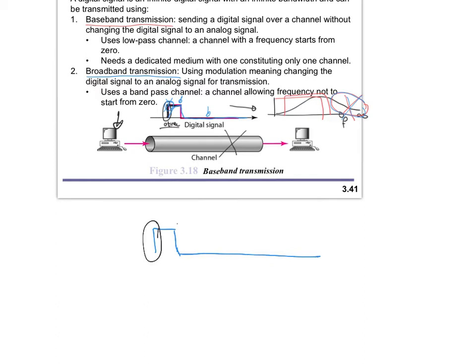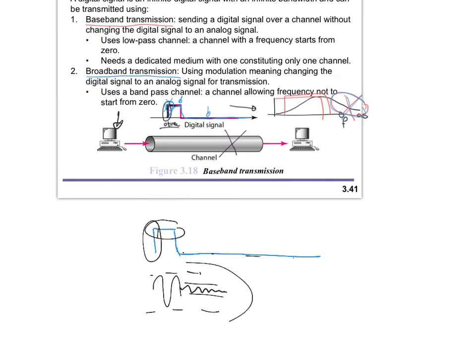For example, we can convert this to a sine wave that looks like this, with a certain big amplitude, and then the zero will be represented using a small sine wave with a lower amplitude.